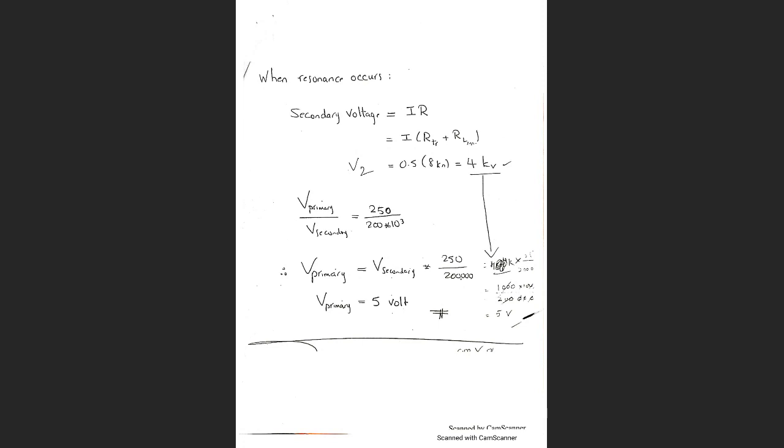If we multiply this 8 kilo ohms with the current flowing, that is 0.5 ampere, it will be 4 kilovolts. Now how much will be the primary voltage that we have to calculate? As you know, in the transformer, the ratio of primary voltage to secondary voltage is always constant. So if I have 250 volts in the primary and 200 kV in the secondary, the same ratio we have to maintain when the secondary voltage is 4 kV. From this relation, the primary voltage will be 5 volts.